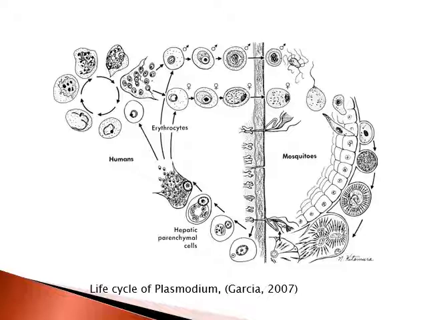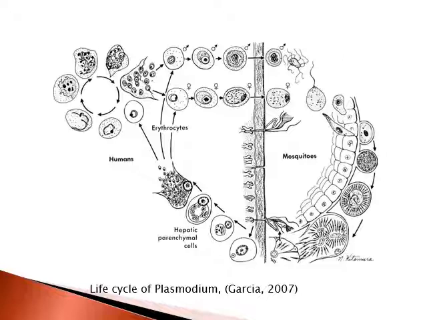You see here it is growing, then growing more to form schizont. The schizont ruptures the liver cell, and the merozoites go outside here to the erythrocytes, forming first the ring stage, then the trophozoite, amoeboid trophozoite, then the schizont. The schizont then bursts the erythrocytic cell to repeat the cycle again.